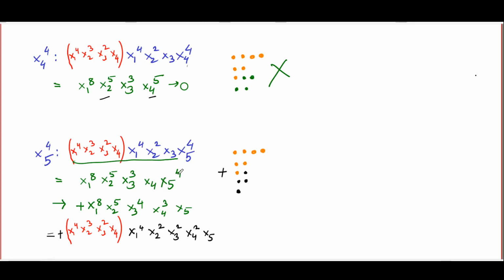I have to make the 4 move ahead of this and this to put it here. But because we have to jump across 2 places, this actually gives you just a plus sign. And now taking out the original term from the determinant, the extra things, which are the extra dots that we are putting, are just x1 to the 4, x2 square, x3 square, x4 square, x5.